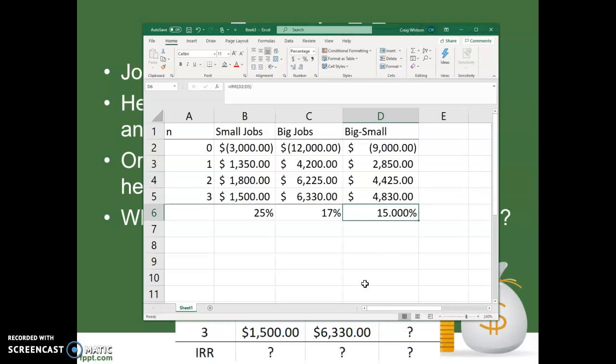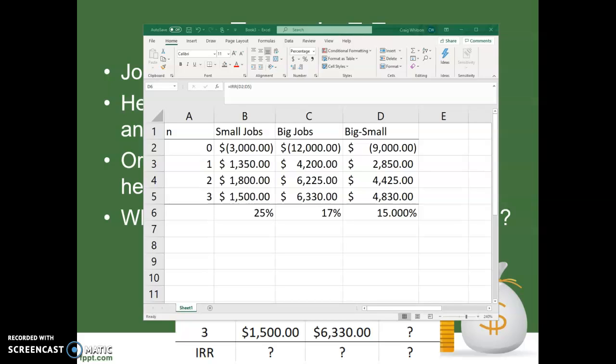So essentially what this is telling us is that the big job option is in fact better. It's going to be better to do the big jobs, to invest more money to get the bigger returns, because that's going to end up with an internal rate of return greater than our MARR.